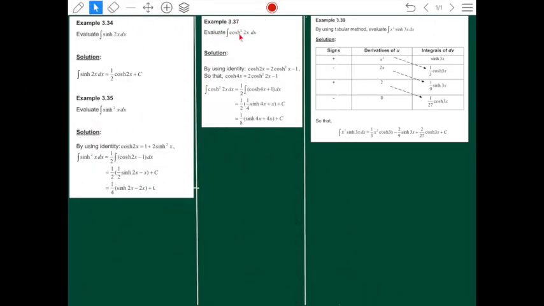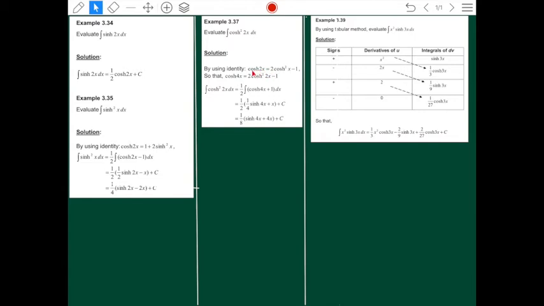Example 3.37, evaluate hyperbolic cos squared 2x dx. Again, since we have a power of 2, we need to use the identity. This is similar to the previous example 3.35. Here we use cos hyperbolic 2x equals 2 cos hyperbolic squared x minus 1.